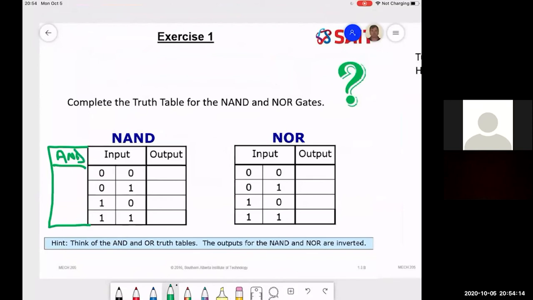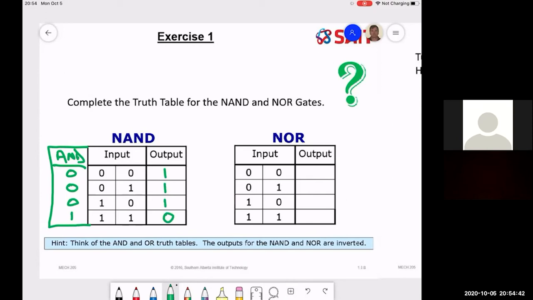If my inputs are 0 and 0, ANDed together would be a 0. 0 and 1 would be a 0. 1 and 0, 0. 1 and 1 is 1. That's just the AND. Now the NAND is the AND inverted. So I'll take this column to the left and just recreate it in the outputs to the right, inverted: 1, 1, 1, 0.